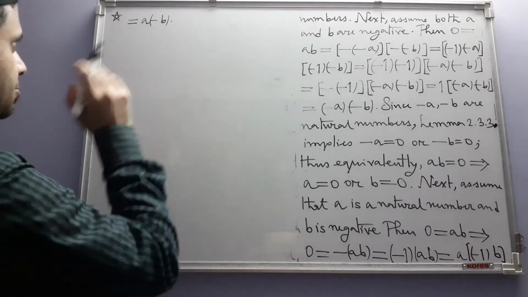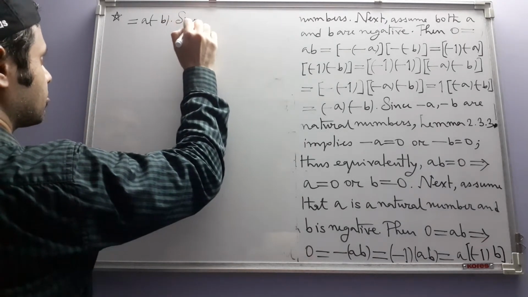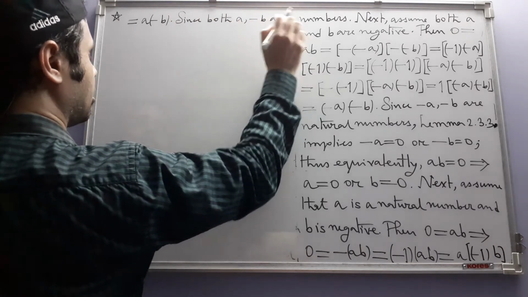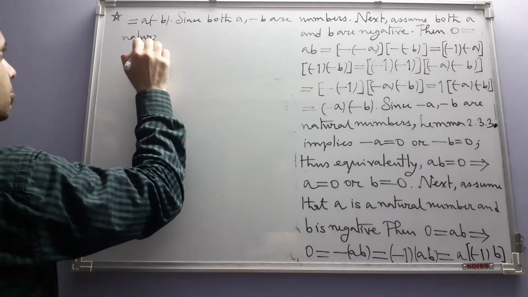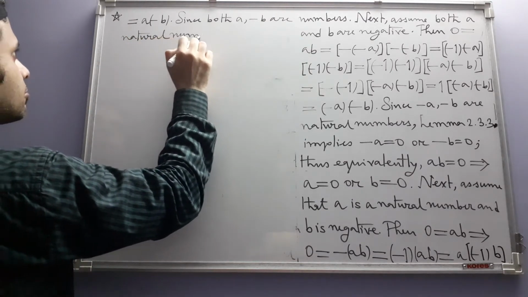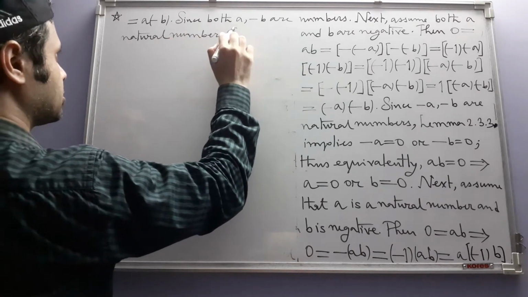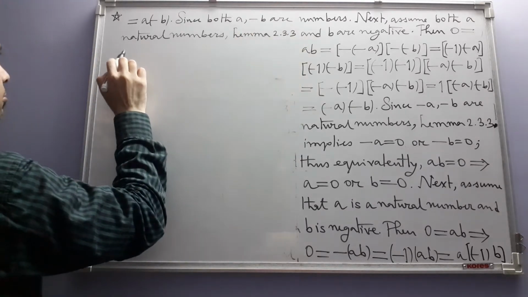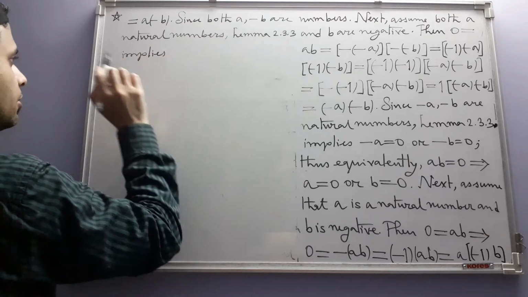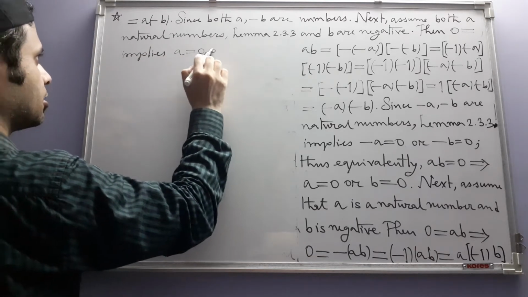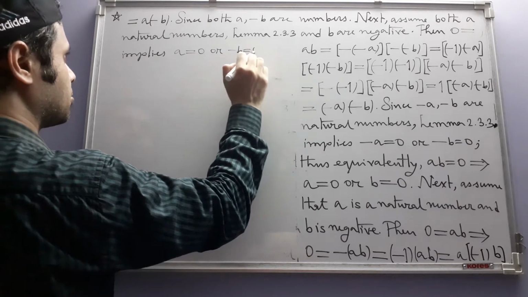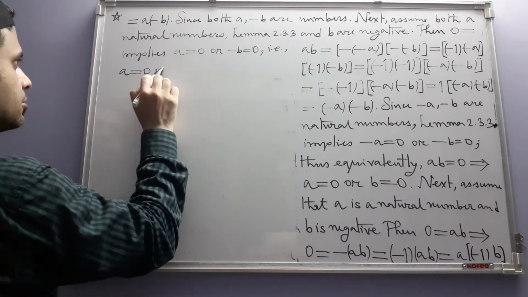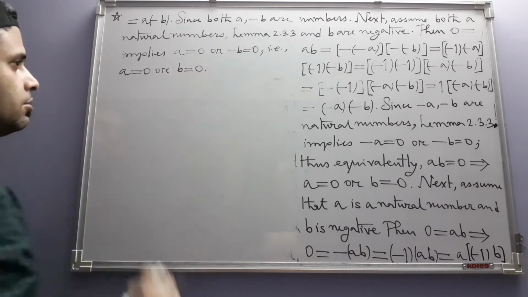Since b is negative, minus b is a natural number. Since both a, minus b are natural numbers, again lemma 233 implies a is equal to 0 or minus b is equal to 0. That is, a is equal to 0 or b is equal to 0.